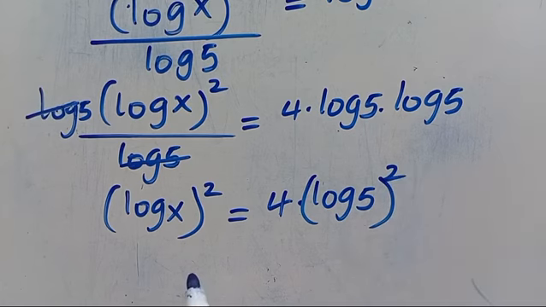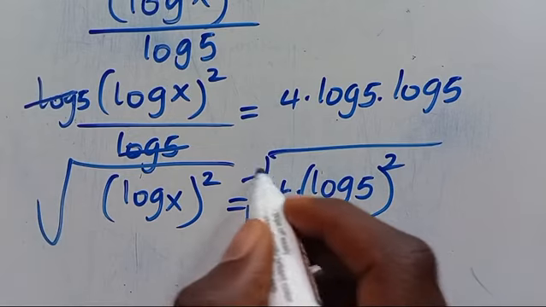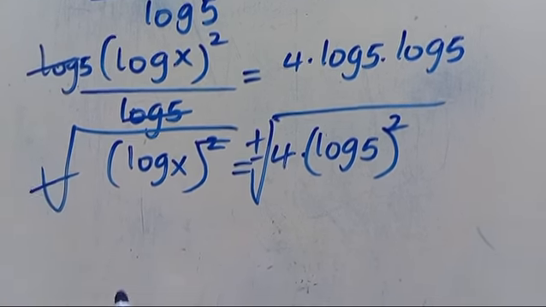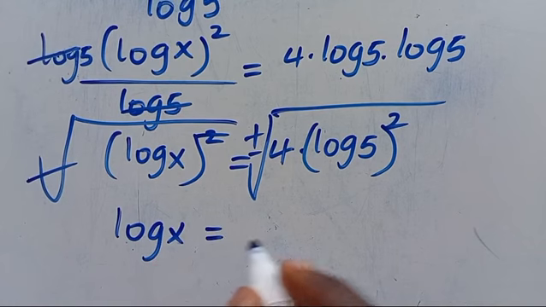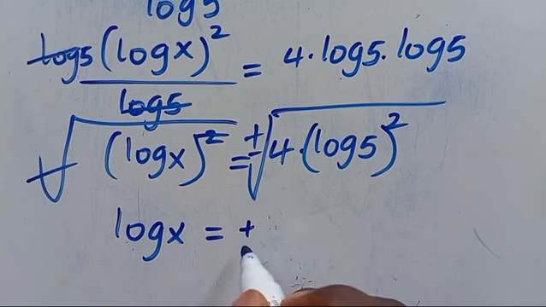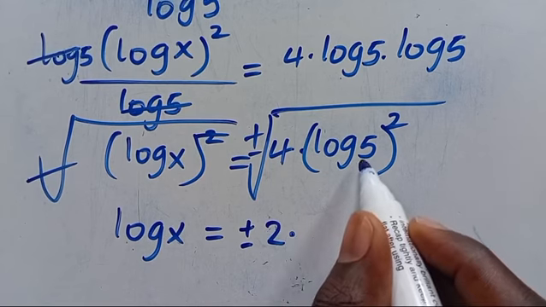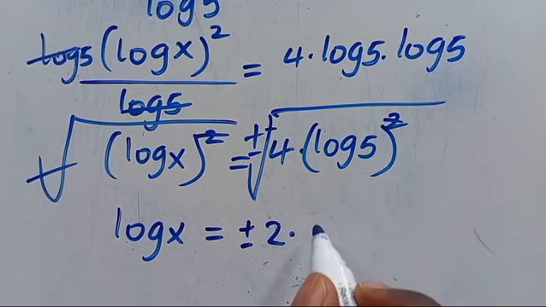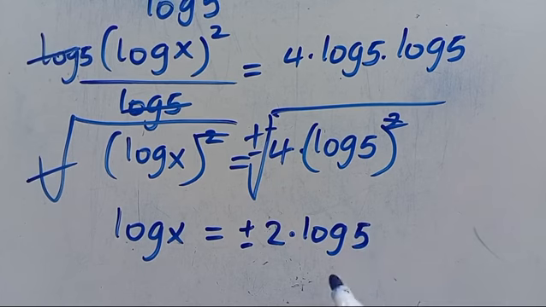Let's take the square root of both sides. So this will cancel this. We have log x equals, when we take the root of this, instead of having positive or negative, the root of 4 will give us 2 multiplied by this. This root will also cancel this. We have multiplied by log 5.